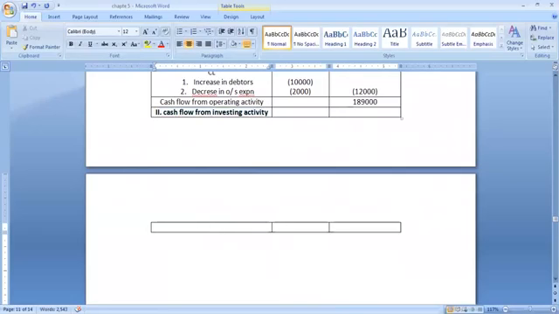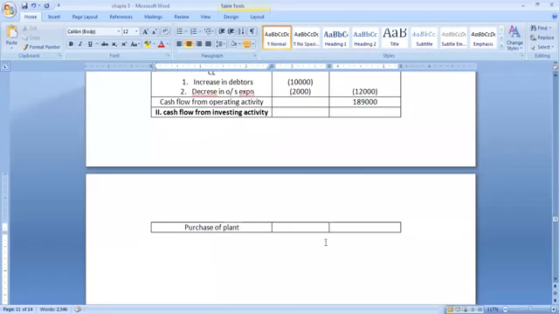So you got the purchase of plant. So take the transactions of purchase of plant.